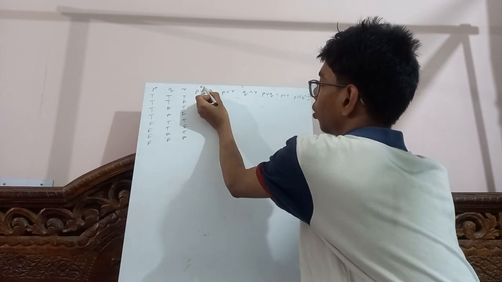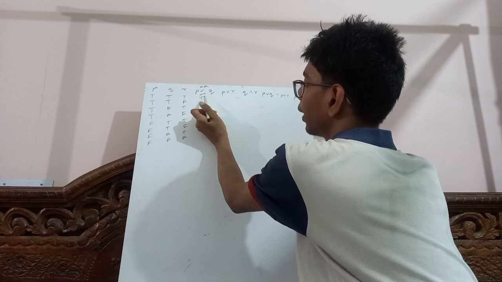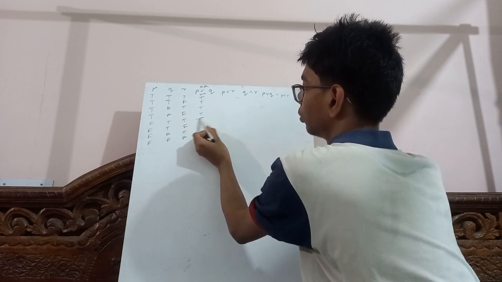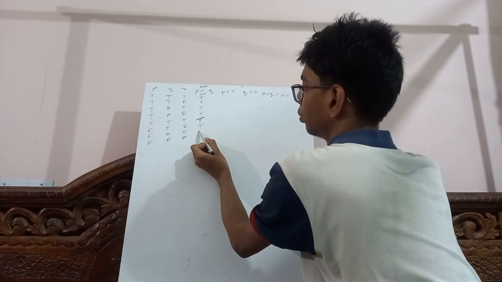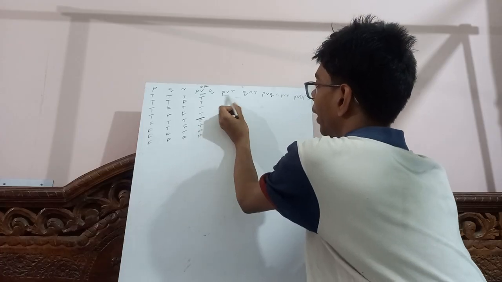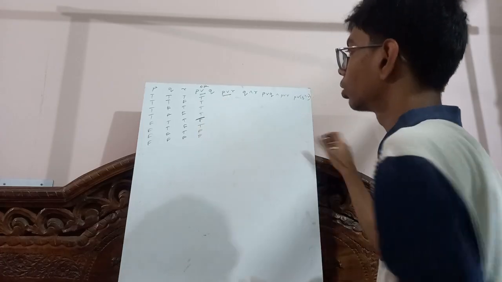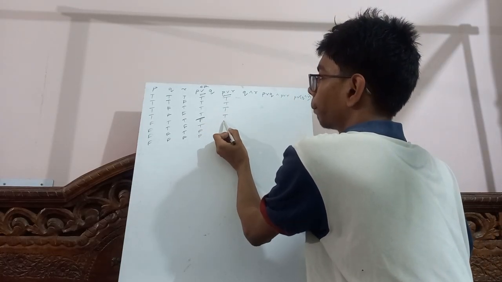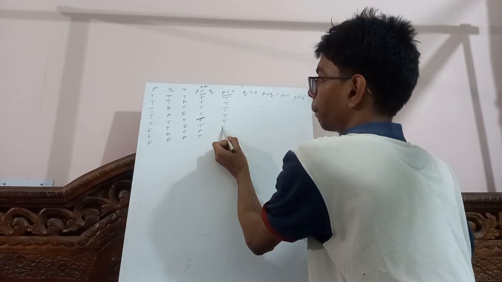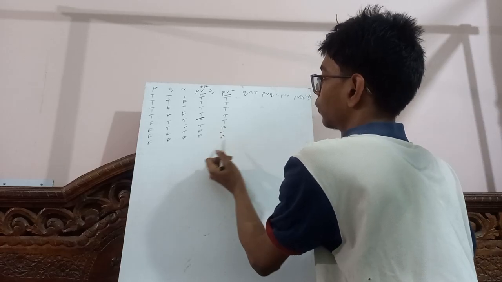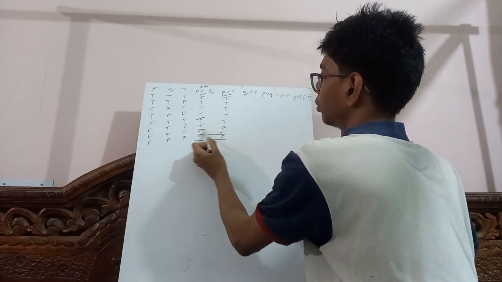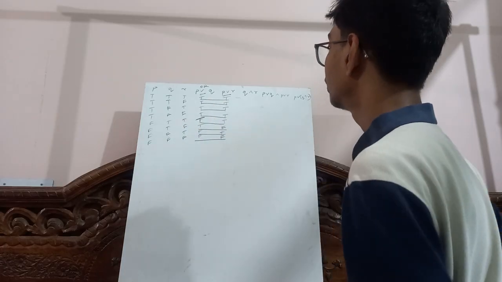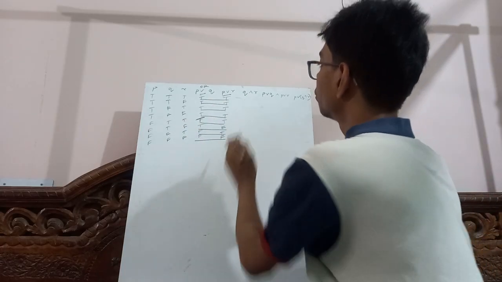This is or. So any one should be true. And this is also or. So any one should be true. And Q and R, so both should be true.